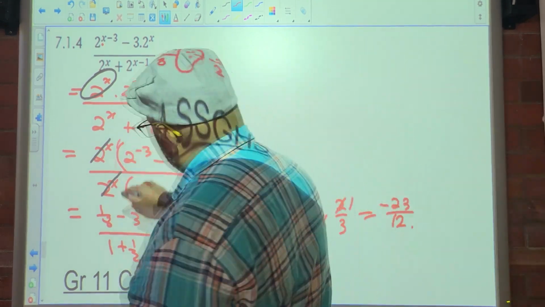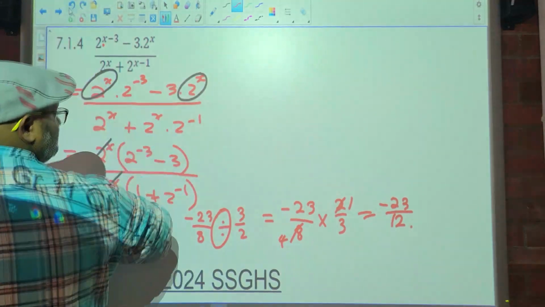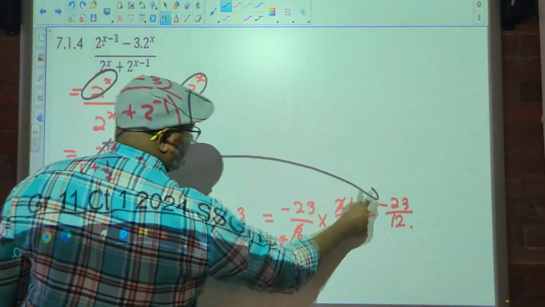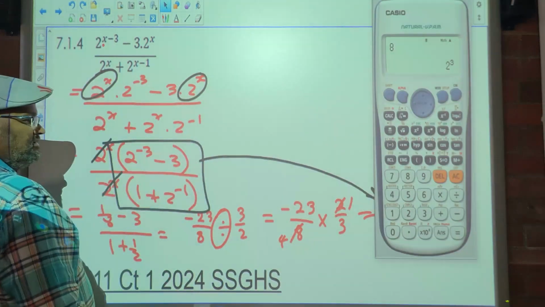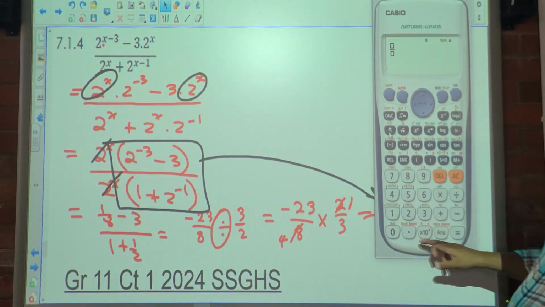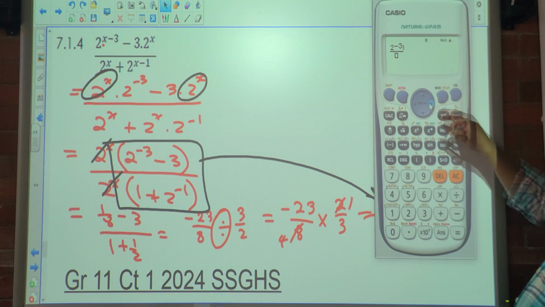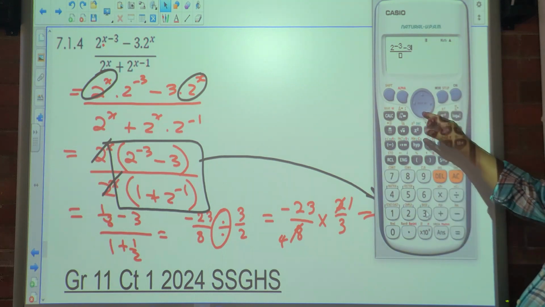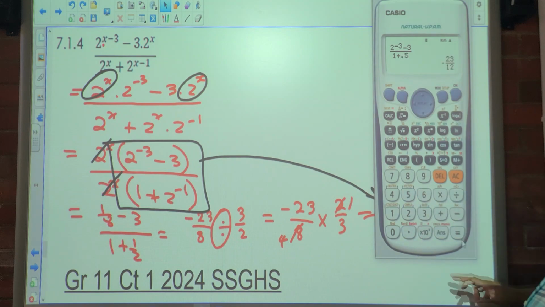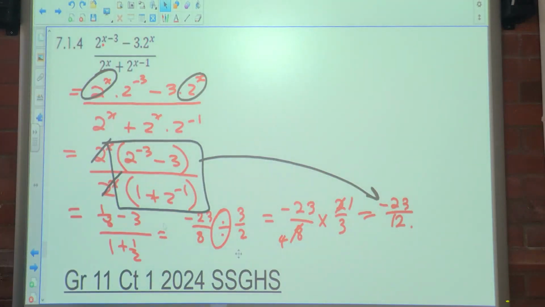Otherwise you could have put this whole story into the calculator, and I'm sure you would have gotten that answer. Without the calculator. Okay, you can check with the calculator.